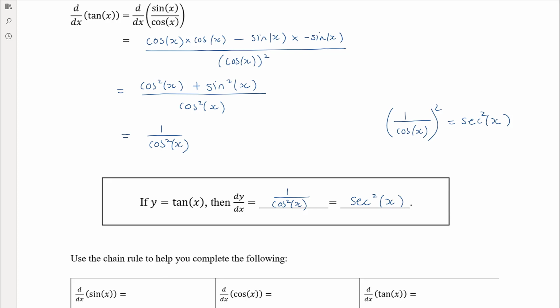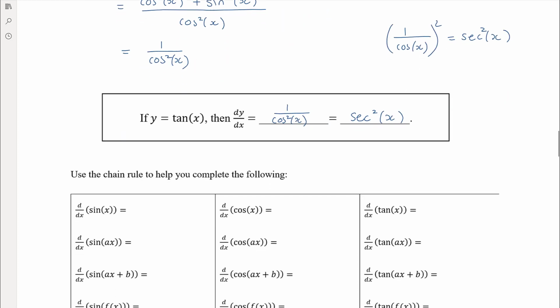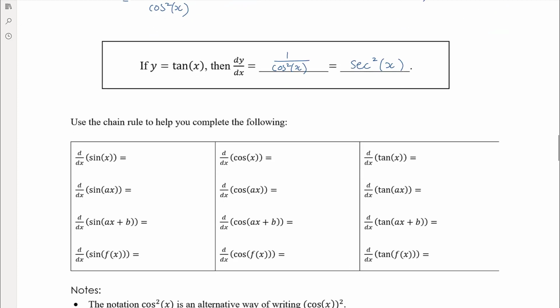You don't need to know anything about them. You are welcome to just always write your derivative of tan x as 1 on cos squared x. But 1 on cos squared x is the same as something called sec squared x. So if you see the answer written in that way, understand that 1 on cos is the same as this thing called sec.